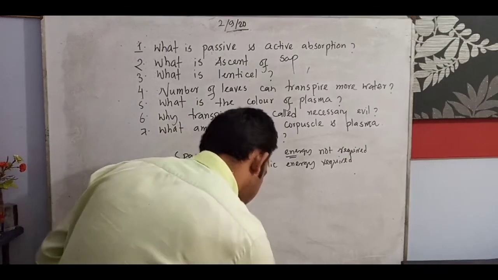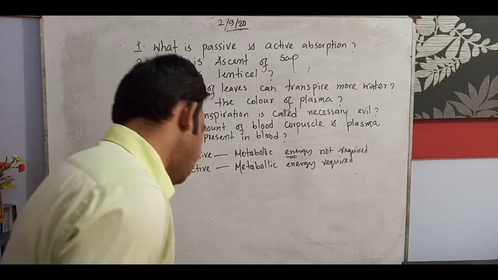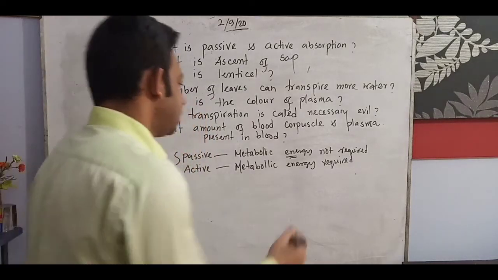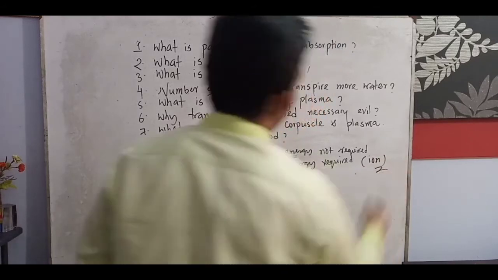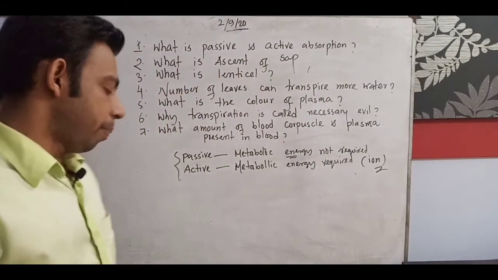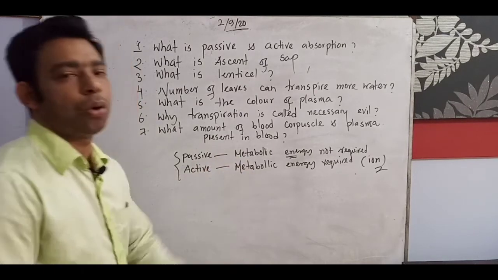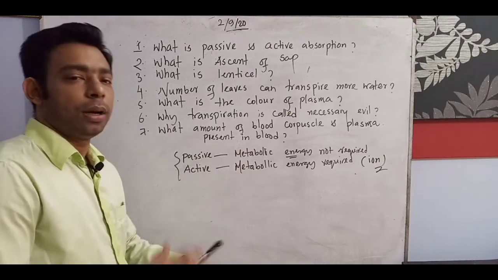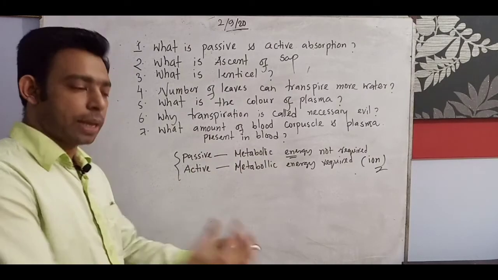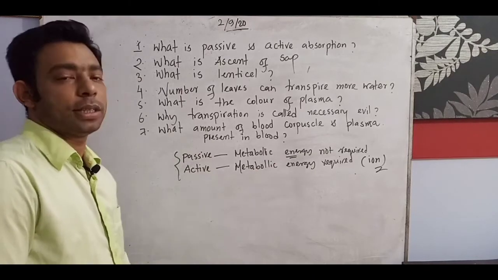Not only that, in active absorption, since metabolic energy is needed, metallic ions like manganese, magnesium and calcium ions get in through the root hair.